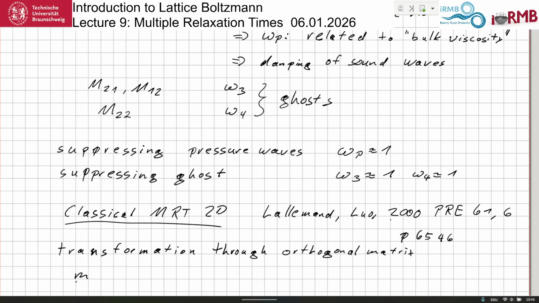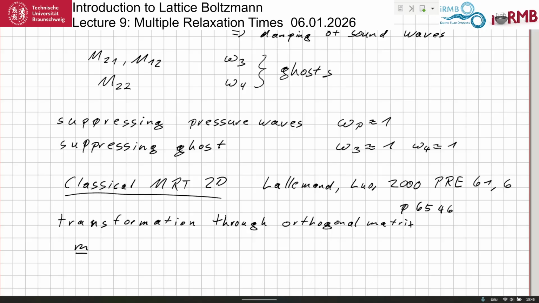So we have a vector m, the moment vector, that is obtained by multiplying the transformation matrix M by the population vector.